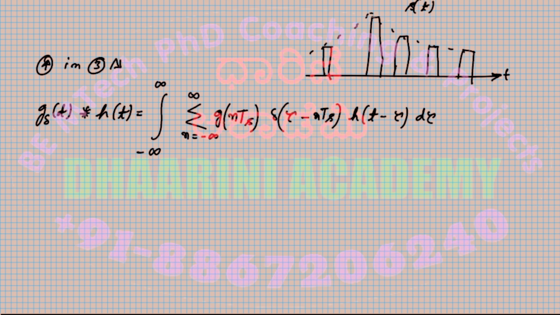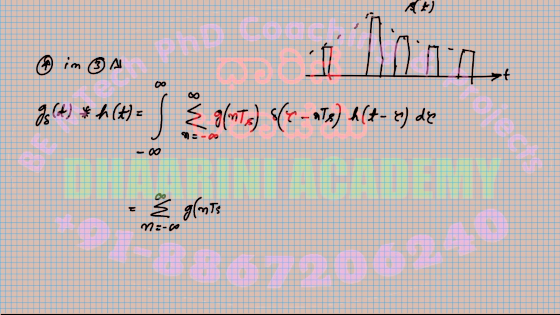By obvious means I need to solve this. The best suitable approach here is to change the order of the integration and summation and see whether we can do something. So I'll bring the summation outside, for n equal to minus infinity to plus infinity. The only term that has n is g of n ts, so I can bring it out.